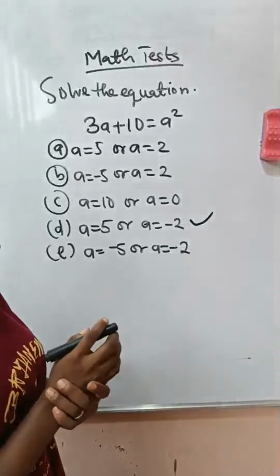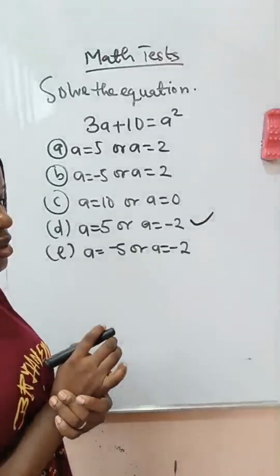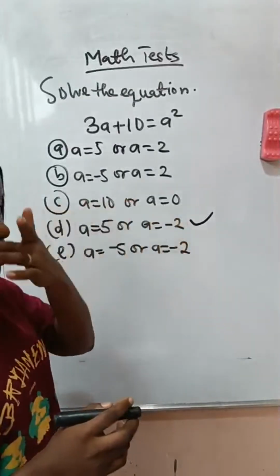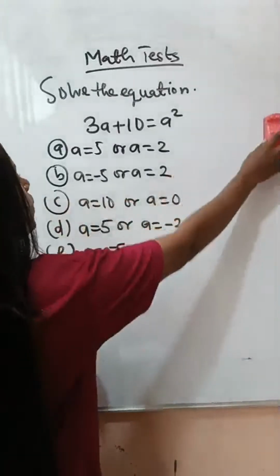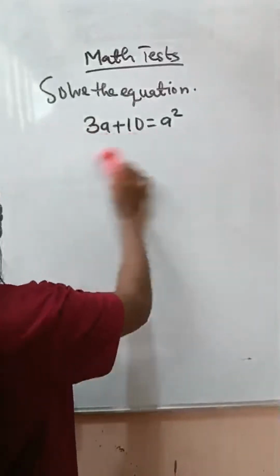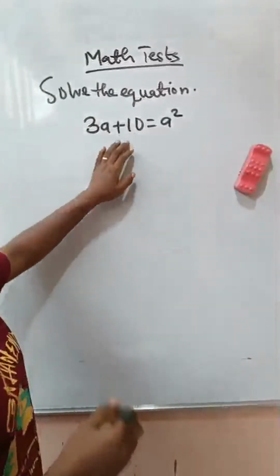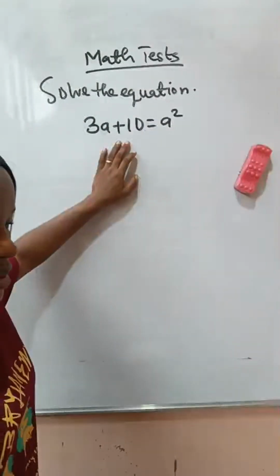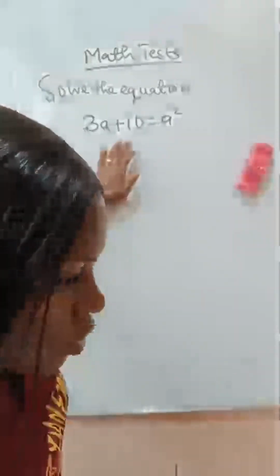Now let us solve this together. So option D is 5 and minus 2. Now we are here to solve past questions and answers on different examinations. So this is a quadratic equation.